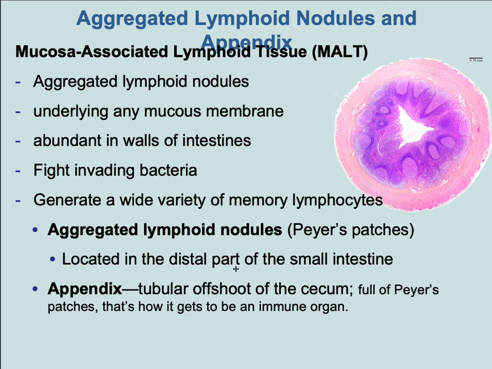When they are found in the distal part of your small intestine, these MALT are specifically called Peyer's patches. And you have similar tissue found in the appendix. Okay, so the appendix is also considered an immune organ. So what is MALT, or mucosa-associated lymphoid tissue? It's a diffuse system of small concentrations of lymphoid tissue that's found in various submucosal membranes around the body.